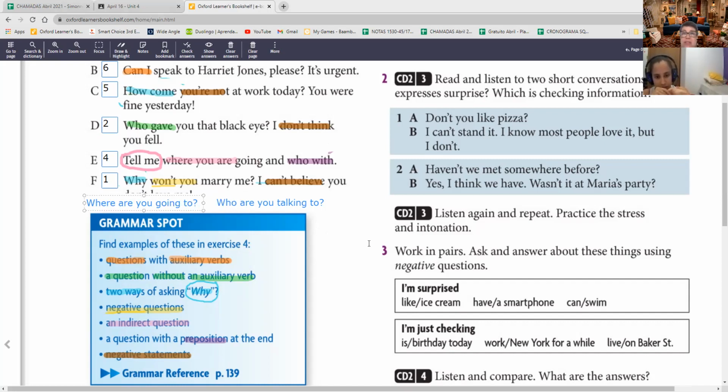But there is a different meaning when I say just, where are you? If I ask you, where are you now? You will say, oh, I'm at home. Now, if I ask you, where are you going to? It means that I notice you are going somewhere and I would like to know where.